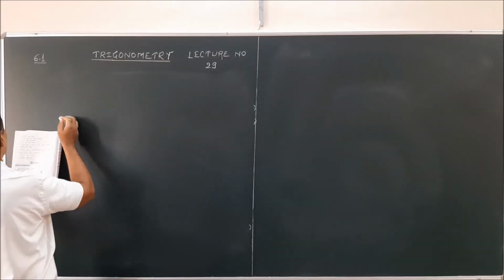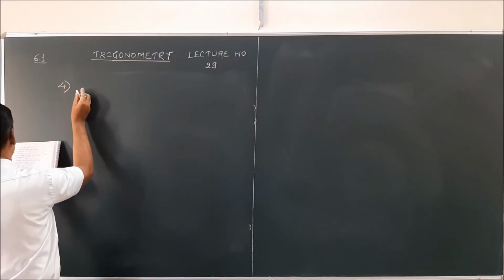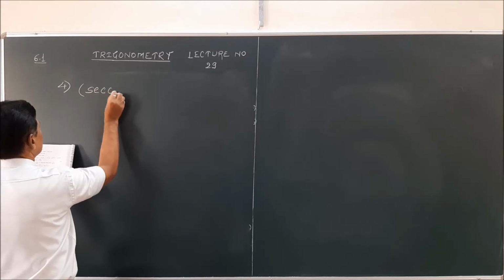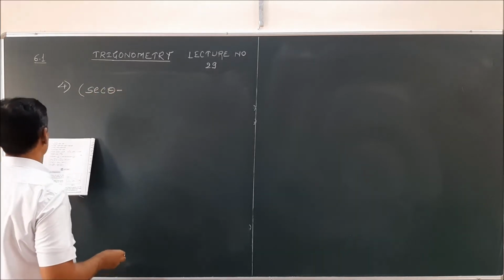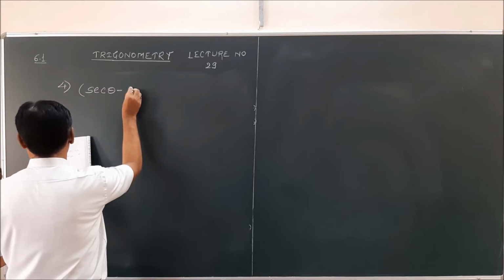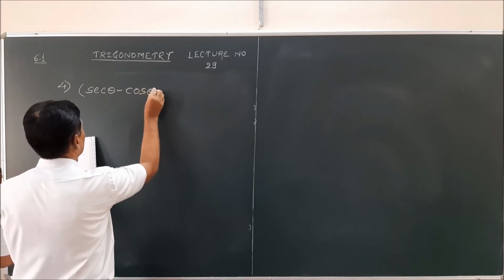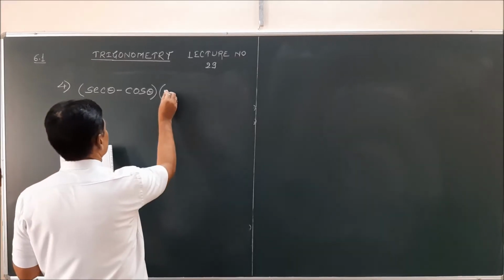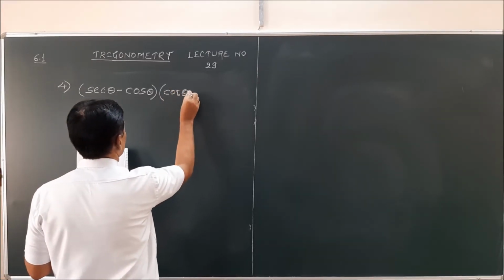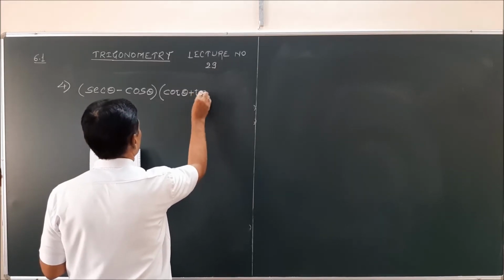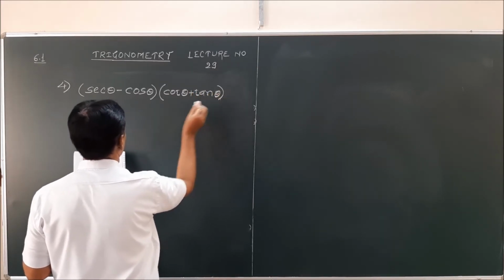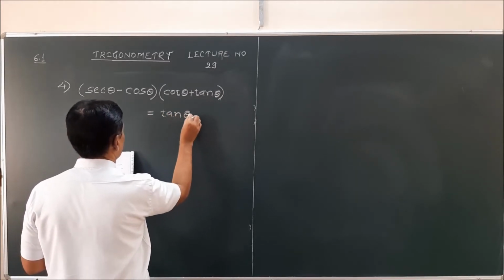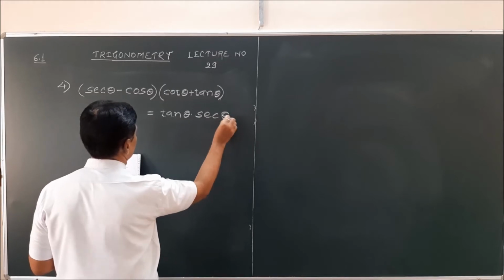Okay, now please see here. Fourth one: sec theta minus cos theta, into second bracket cot theta plus tan theta, that is equal to tan theta into sec theta.